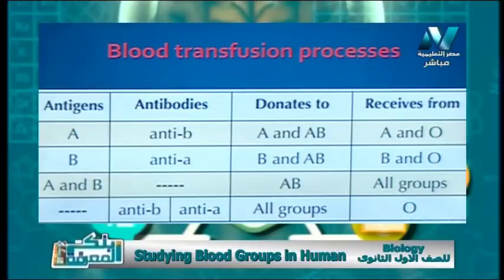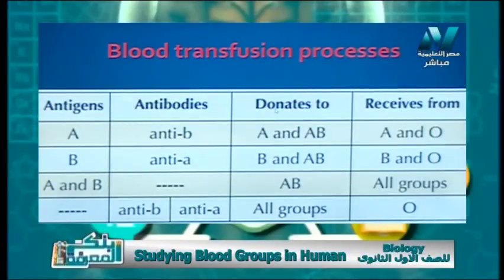These are the antigens A, B, and O according to the blood groups. And the antibodies: in blood group A there is anti-B, blood group B has anti-A, blood group AB has no antibodies, but blood group O, the last one, has antibodies A and B.